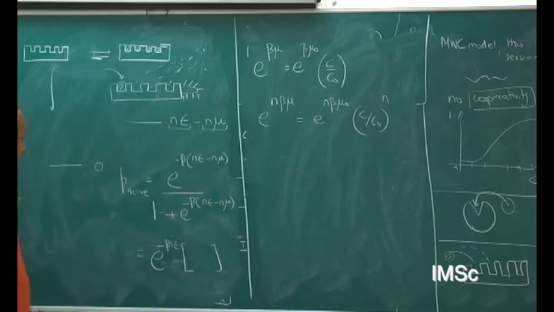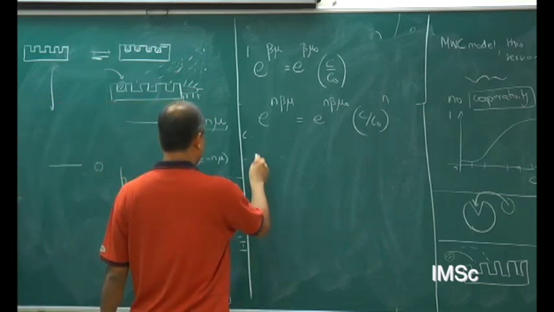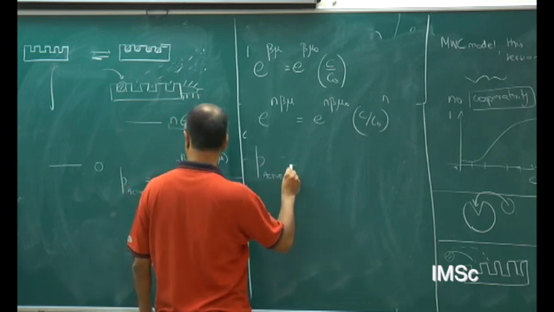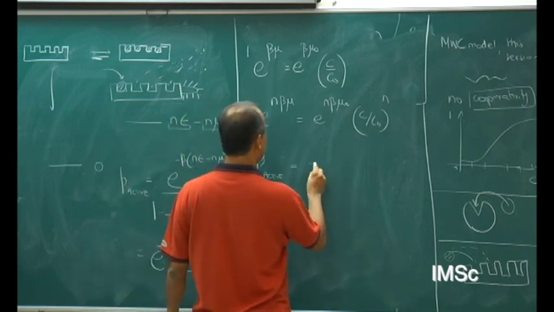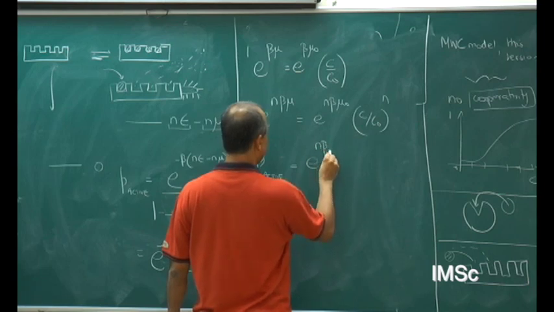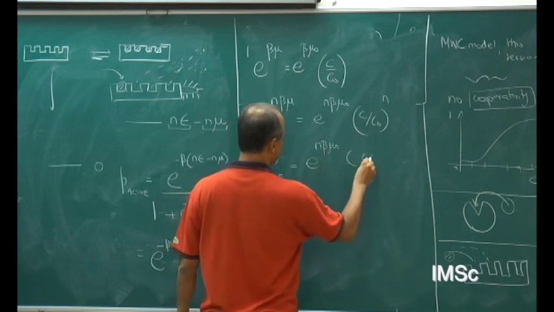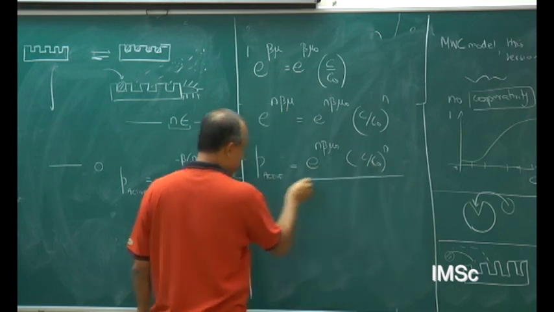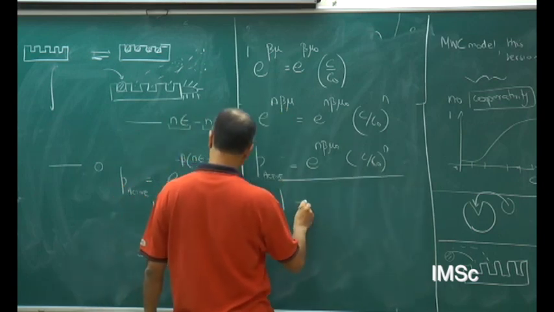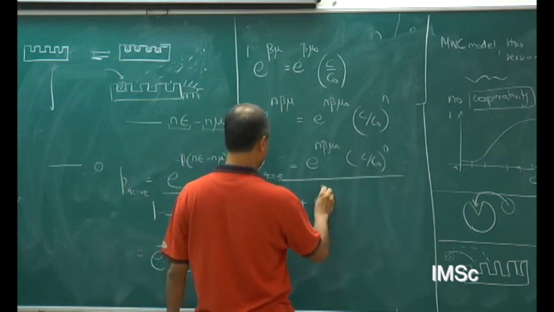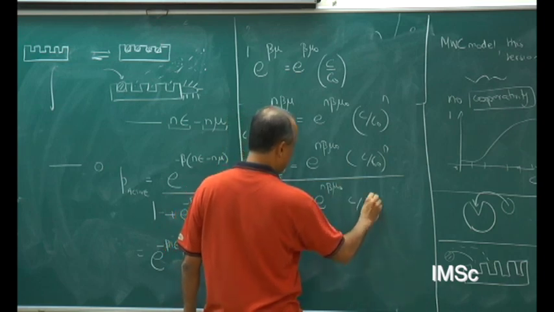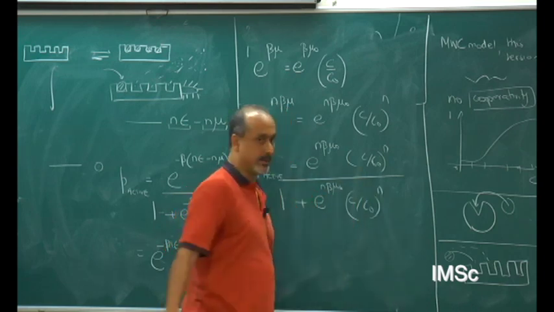Okay? So now we can simplify this and get P active equal to e to the power n beta mu naught times (c divided by c naught) to the power n, whole divided by 1 plus e to the power n beta mu naught times (c by c naught) to the power n.